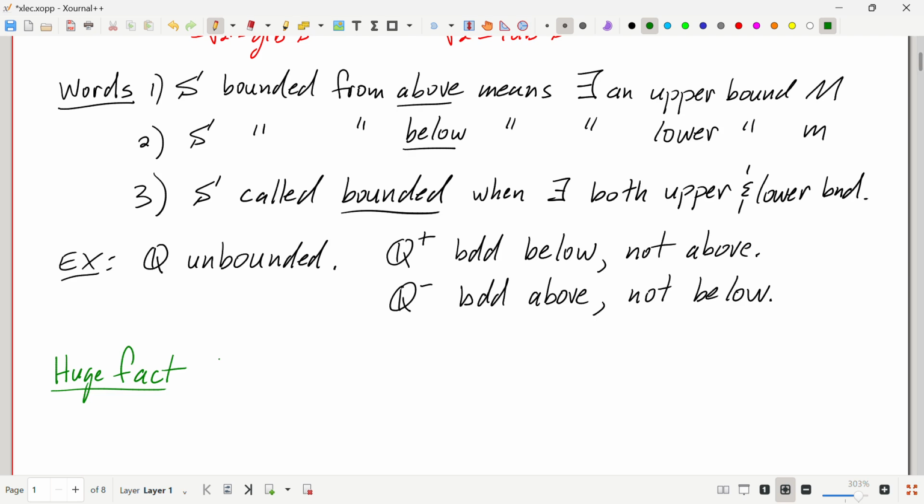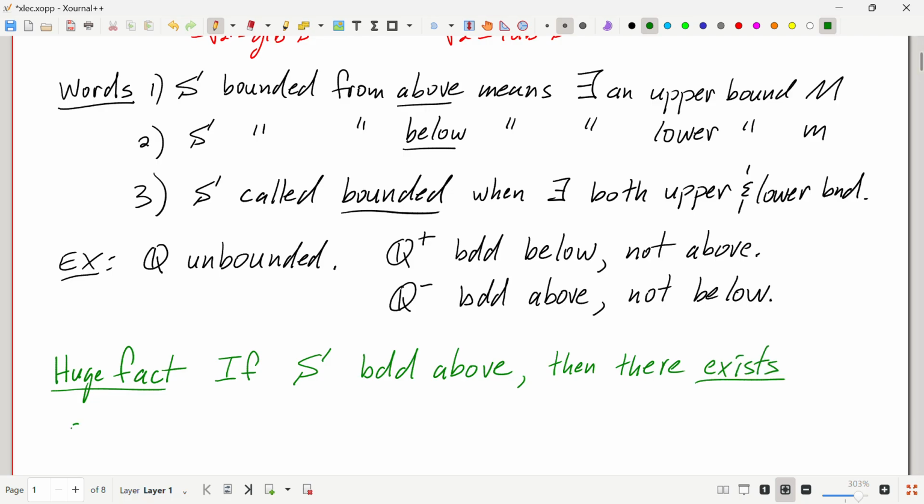So the huge fact is if a set S, subset of the real numbers, is bounded above, so that means there exists an upper bound, then there exists a least upper bound. So it's an existence statement. There exists a least upper bound.